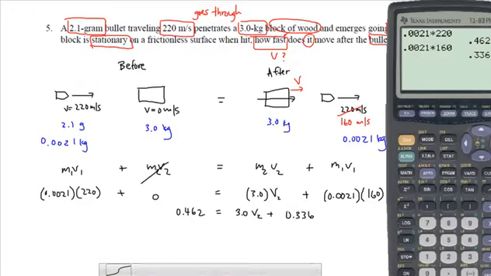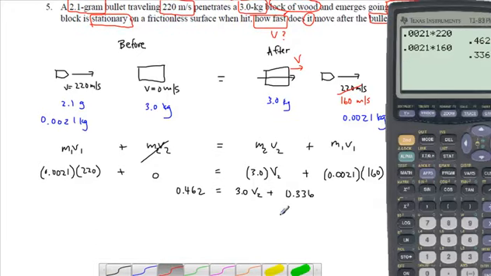So now I just have a couple of steps to solve for v2. The first thing I'm going to do is subtract: 0.462 minus 0.336.